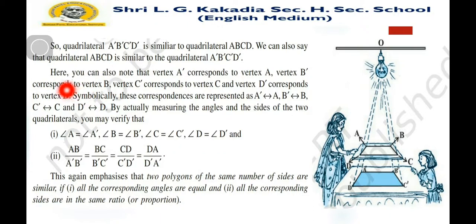Here you can also note that vertex A dash corresponds to vertex A, B dash corresponds to vertex B, C dash corresponds to vertex C, and D dash corresponds to vertex D. So symbolically the correspondences are represented.